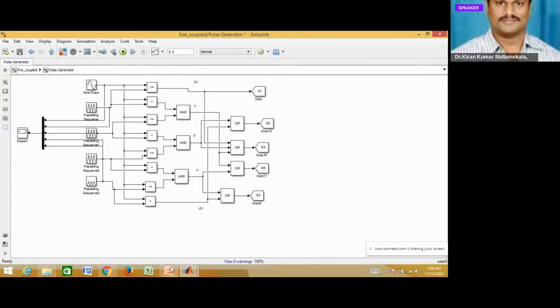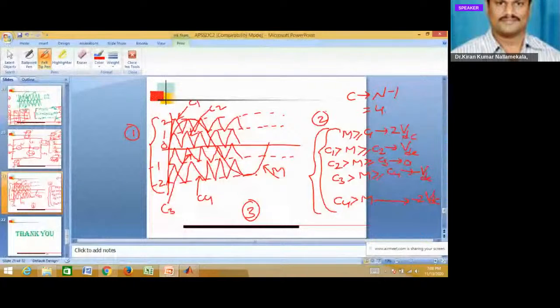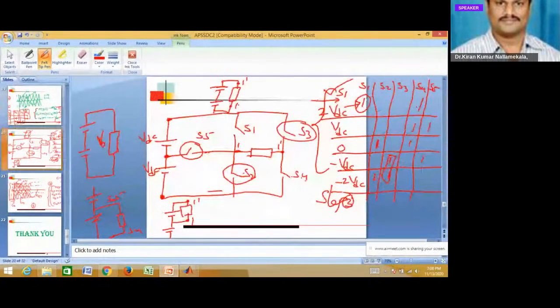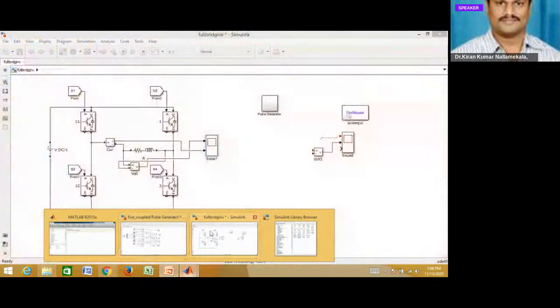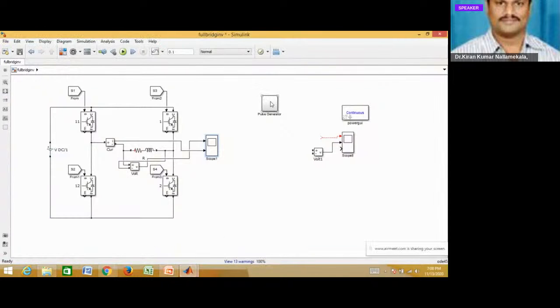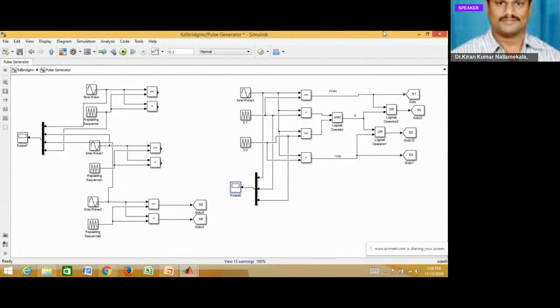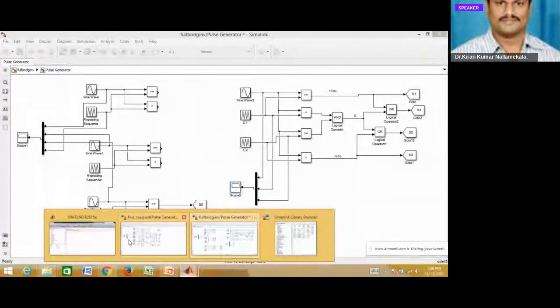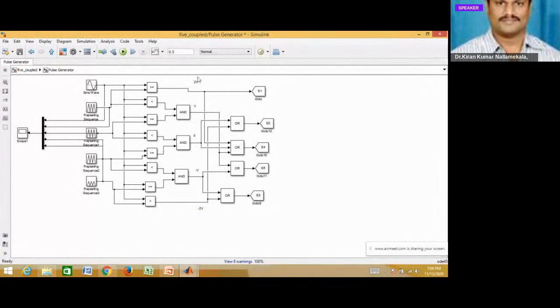Then after generating the voltage levels, follow this. To S1, only the 2 VDC voltage level is given. See here, only the 2 VDC signal is given to S1.